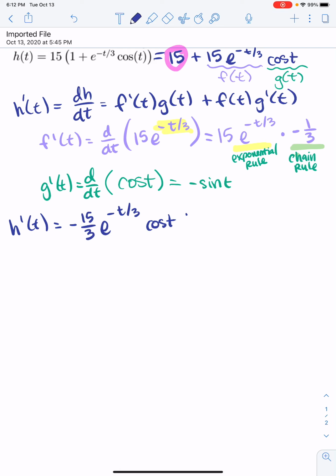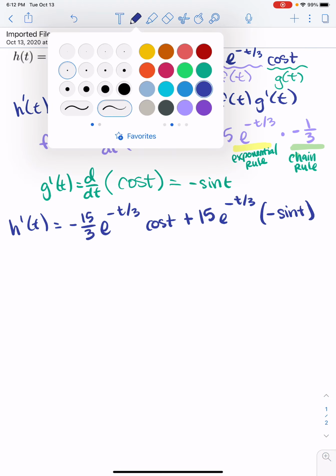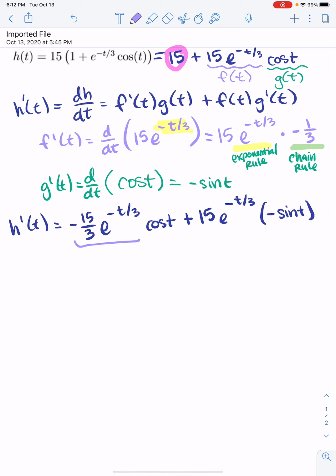And then we add to that f of t, which is 15 e to the minus t over 3, times g prime of t, which is minus sine of t. So if we want to remind ourselves where those came from, this here is f prime of t. This is g of t. This is g prime of t.